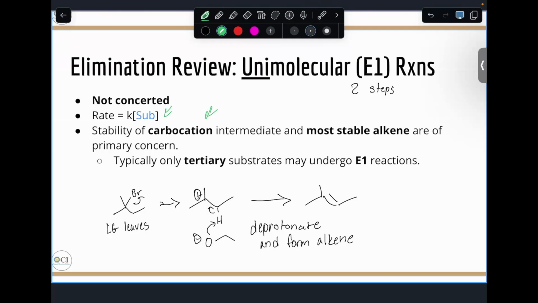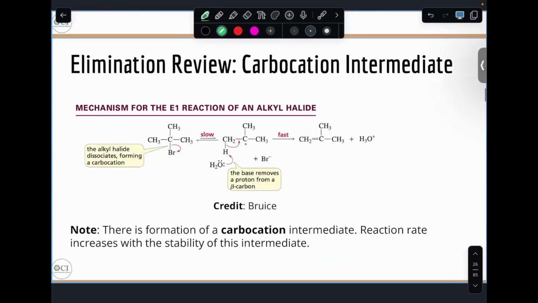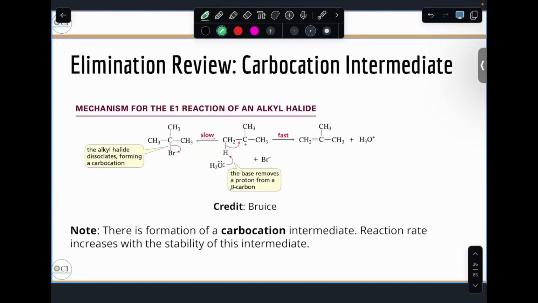So the way this works is the leaving group leaves. Then you have a base that picks up the hydrogen and forms that alkene. That's shown right here. Again, reaction rate increases with the stability of the carbocation.